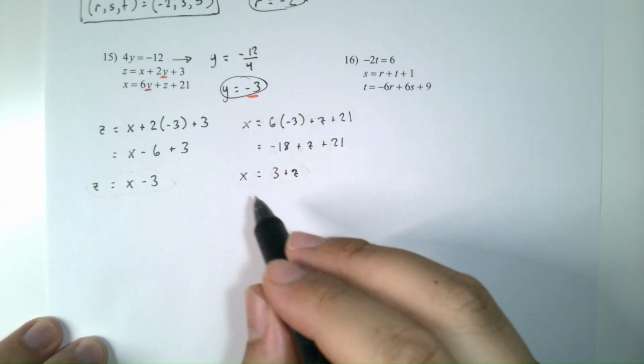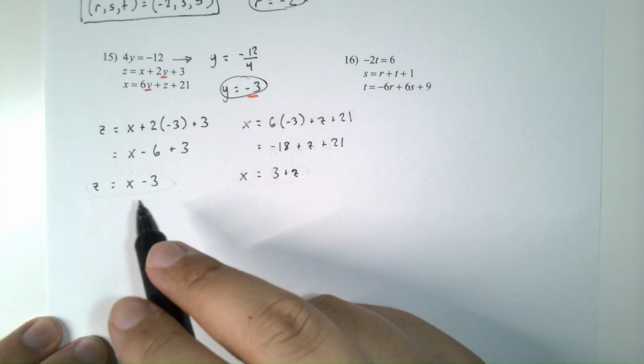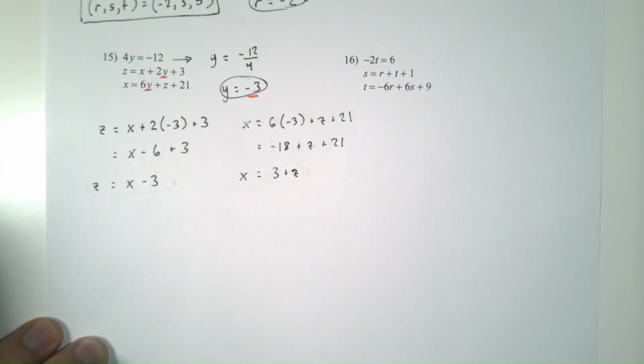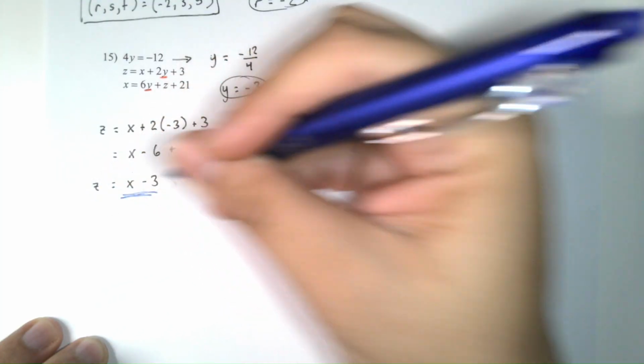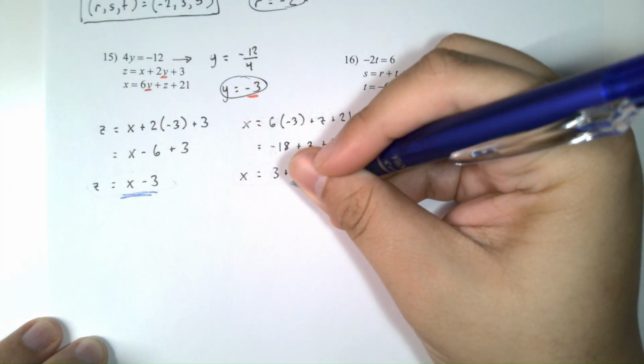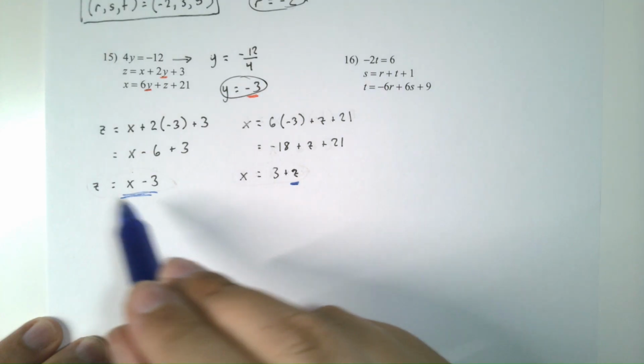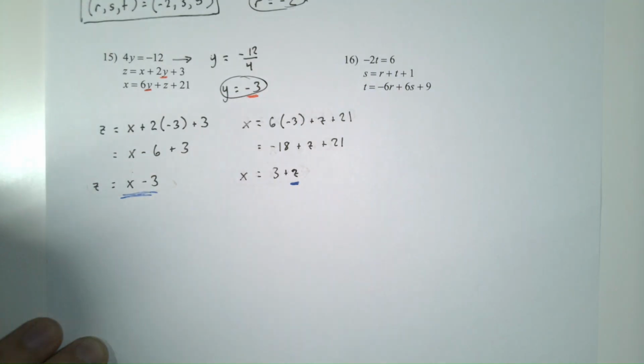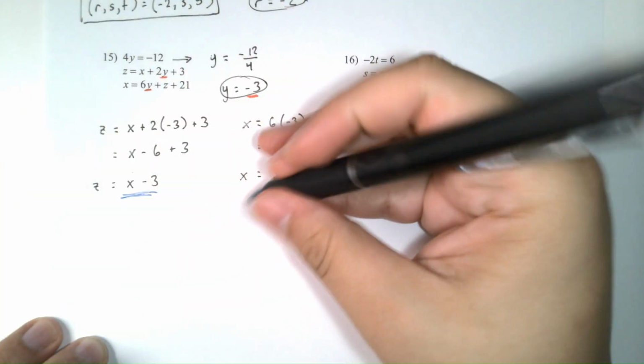Okay, so it doesn't matter which one we plug into the other. Since we know that z is equal to x minus 3, I'm going to take this and input it right there. So let's swap out this z with x minus 3. And let's see what happens.